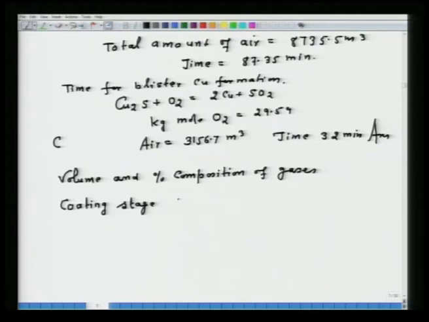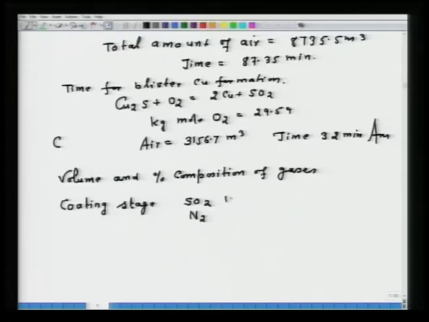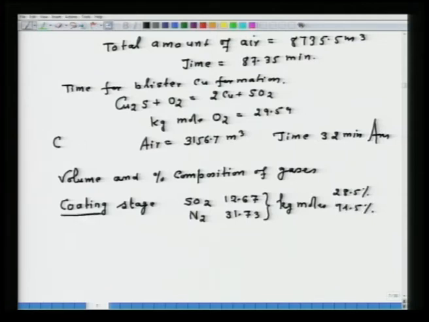In the coating stage you have SO2 and nitrogen, because you are blowing air, and FeS is converted to Fe3O4. The SO2 will be 12.67 kg moles and N2 is 31.73 kg moles. So, the percentages are 28.5% and 71.5%. This is the coating stage.